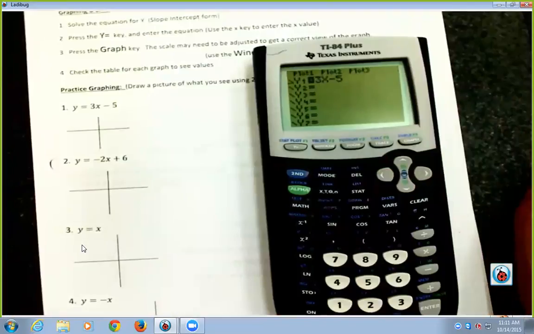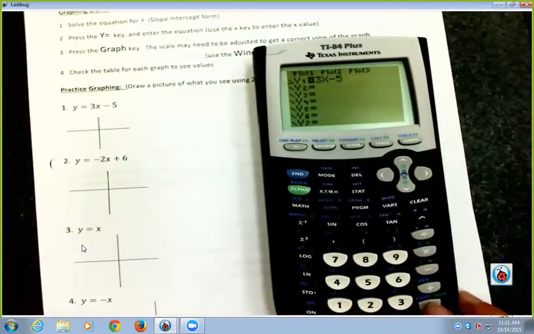Can you get there? If we're right there at that point, I can hit enter, and notice it changes. That's kind of just a solid regular line. If I hit enter, it gives me a deeper, darker line. If I hit enter one more time, it's shading above the line. Notice how it's got that shading above it.